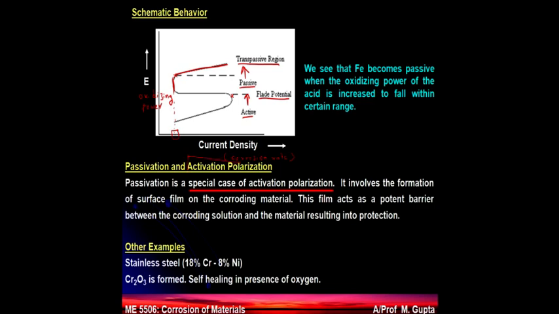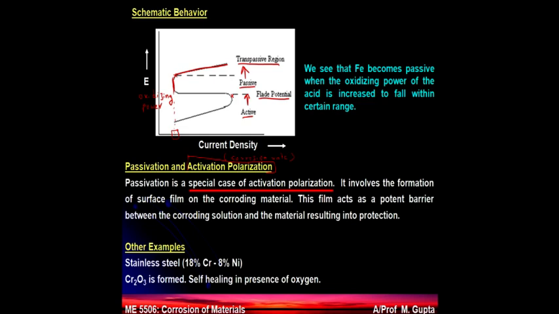Remember, the word polarization is the slowing down of a reaction, which can be a cathodic reaction or an anodic reaction, and that slowdown is because of the events happening at the anode or cathode and electrolyte interface. So events happening at the electrode and electrolyte interface.